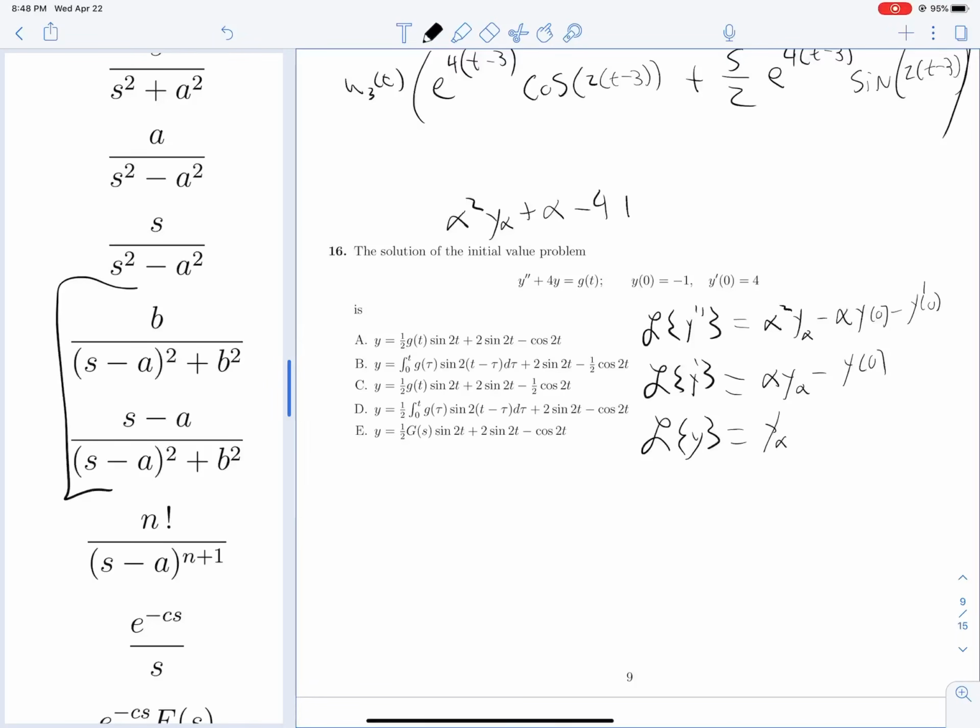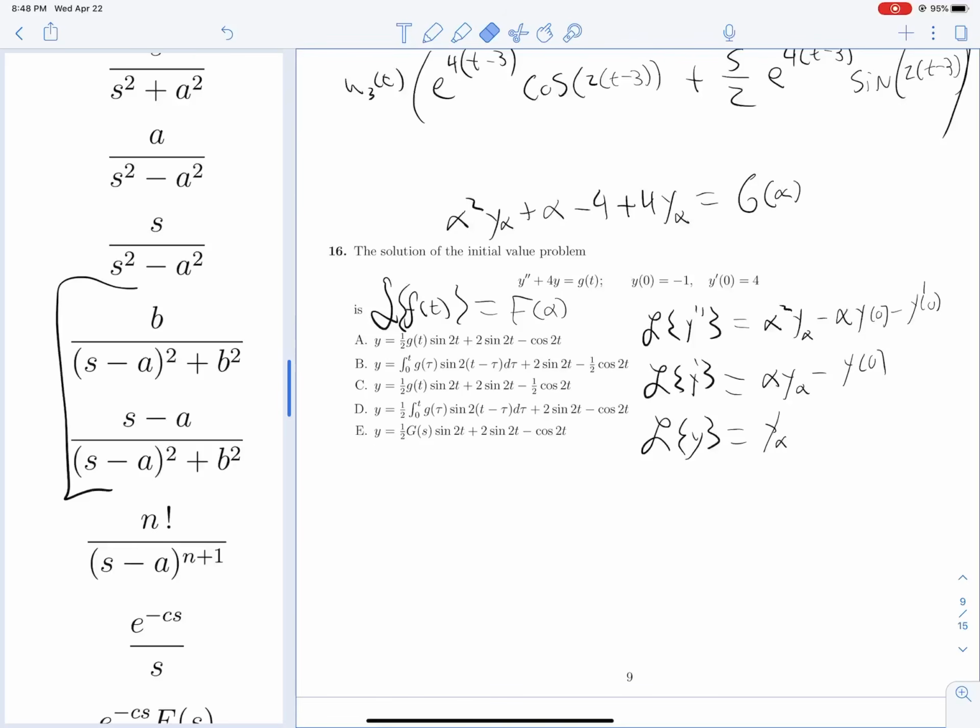And then we're adding 4y alpha, and that's equal to capital G of alpha, which is just the Laplace transform of g of t, just like how the Laplace transform of f of t is capital F of alpha.